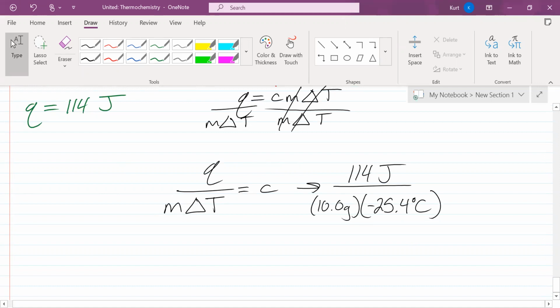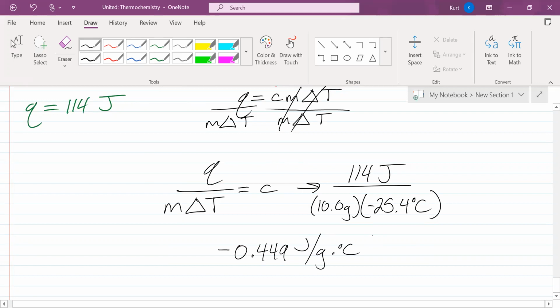Please do the math. I'm counting on you to get it right because my calculator is out of reach right now. What do you got? You should have negative 0.449 joules per gram per degree Celsius.